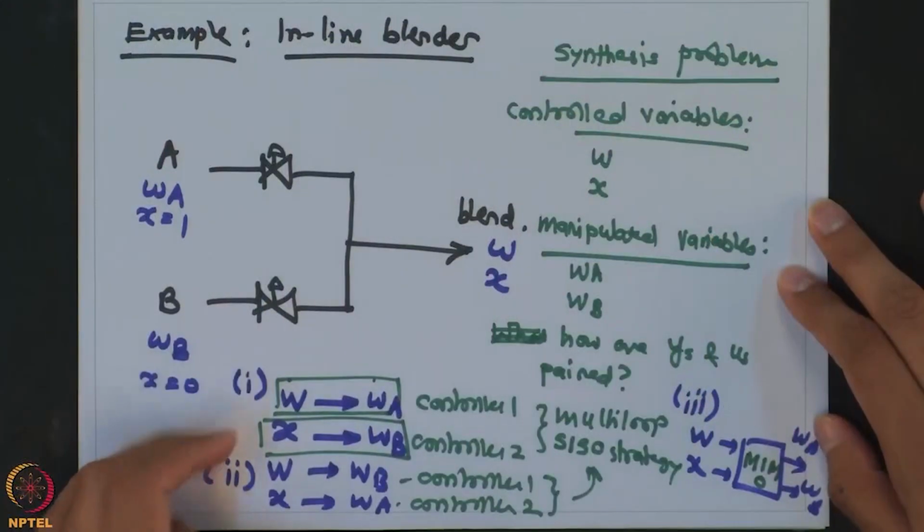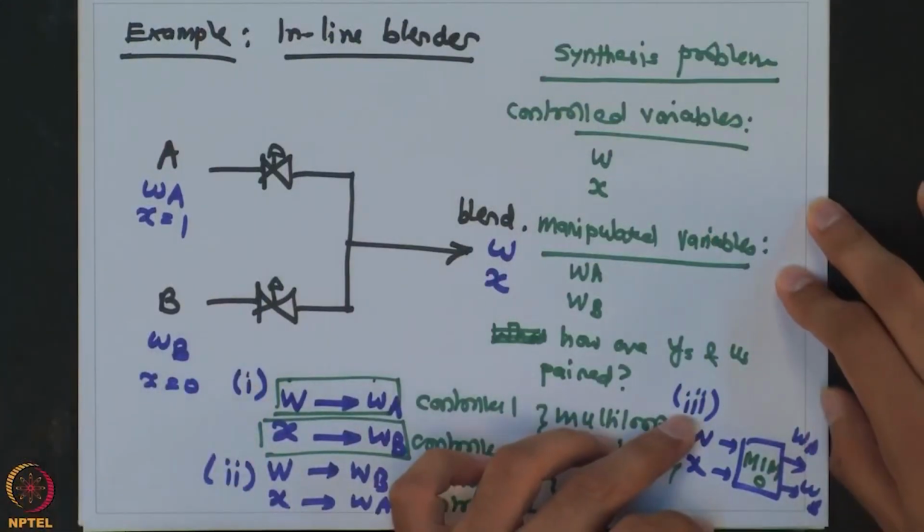As it turns out, this particular controller 3 works much better compared to these SISO controller pairings. So when we are talking about this synthesis problem, we have to decide which of these three configurations we are going to go ahead with, because all the subsequent selection and tuning problem would be dependent on the selected structure.